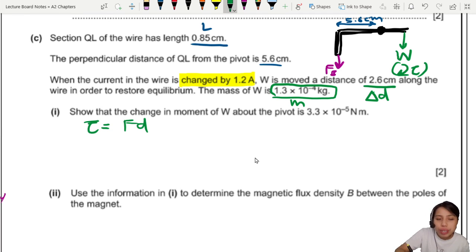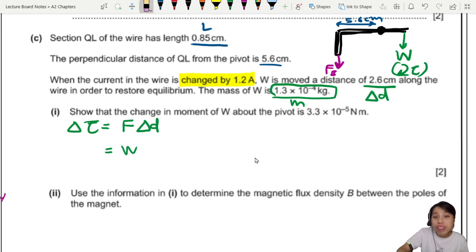So you can upgrade this formula a bit to say torque equals F2D2 minus F1D1. Or you can simplify this and say, since the force is the same, the change in moment will be the force, which is the same, times the change in distance. I don't know if positive or negative, never mind, change in distance. So here you can find the change in moment. The force will be W times D.